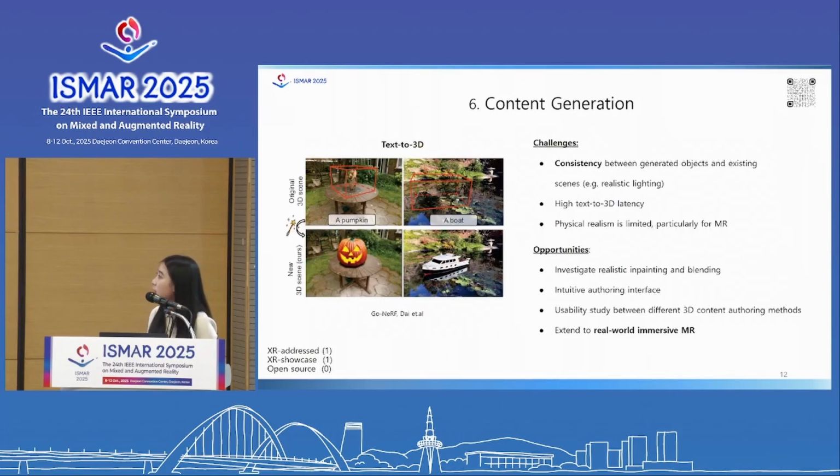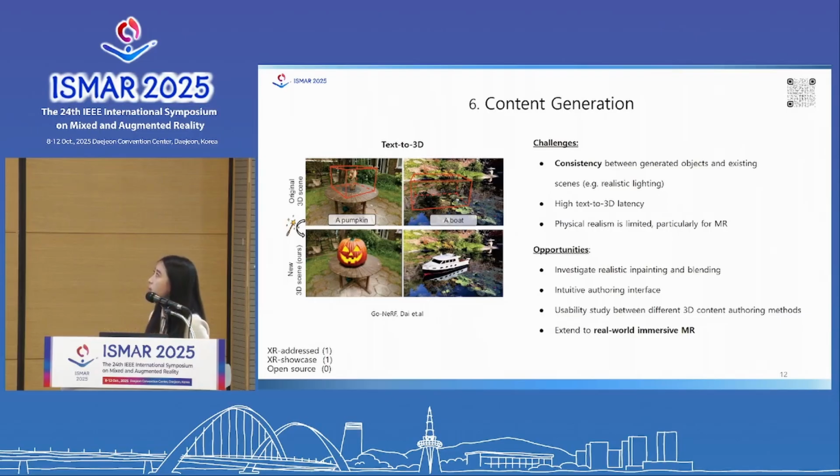Going to content generation, which is closely related to content editing, it is about bringing novel objects or information into the existing scene based on, for example, text-to-3D or speech-to-3D interaction interfaces.